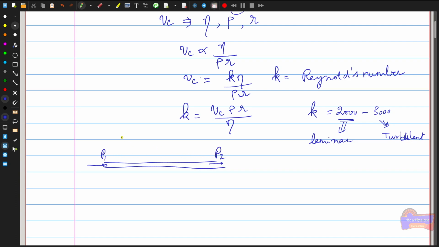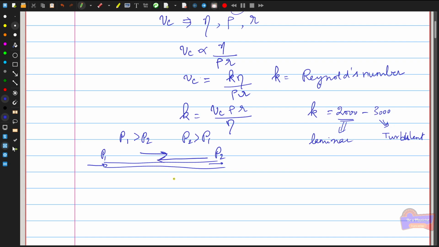If P1 is greater than P2, then the liquid moves from the higher pressure point to the lower pressure point, that means it flows in this direction. If P2 is greater than P1, then the fluid flow will be in the opposite direction. So the fluid will always flow from the high pressure region to the low pressure region.